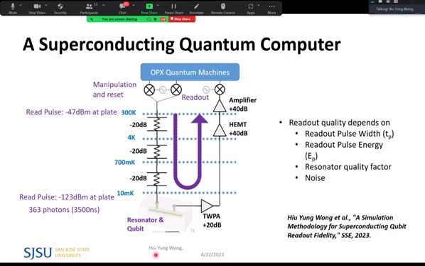But when you have a qubit in the 0 and 1 state, it changes the resonance frequency of this system. If it is 1, the resonance frequency may shift lower. When it's 0, it may shift higher. And that is how we read out a superconducting qubit.